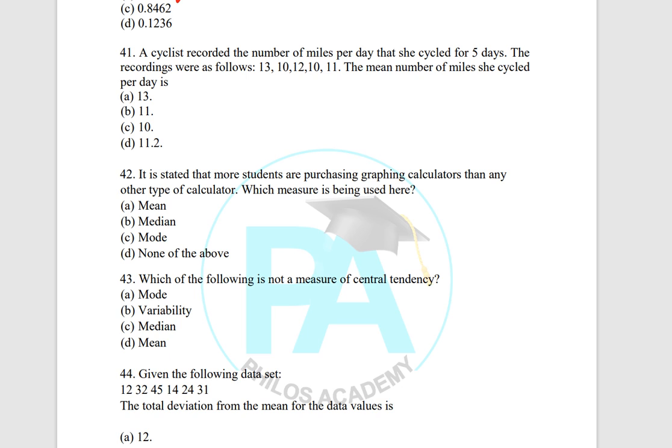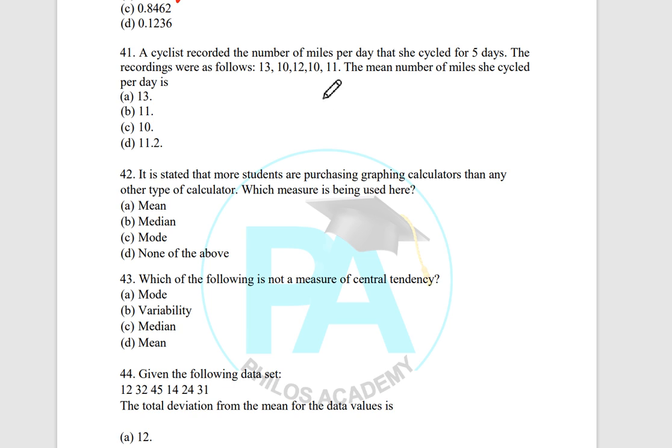Question 41 says, a cyclist recorded the number of miles per day that she cycled for 5 days. The recordings were as follows: 13, 10, 12, 10, 11. The mean number of miles she cycled per day is... to calculate the mean, you are going to add all of them and divide it by what? Let's say 1, 2, 3, 4, 5. So there are 5 numbers, so you divide by 5.